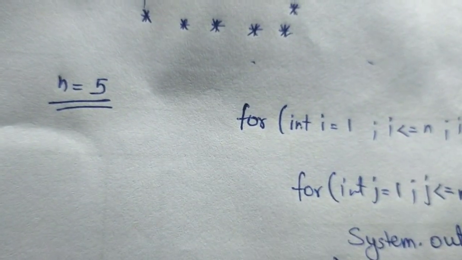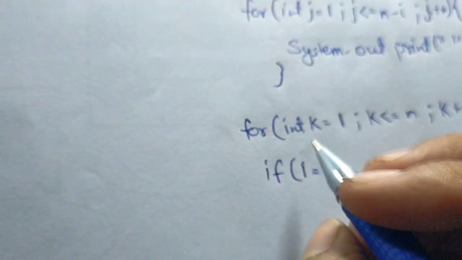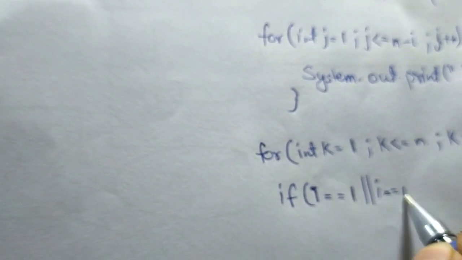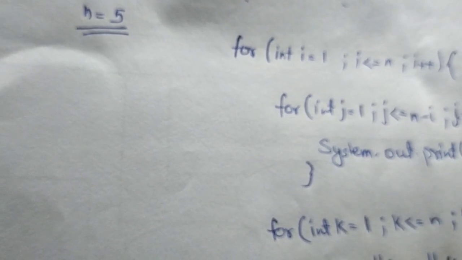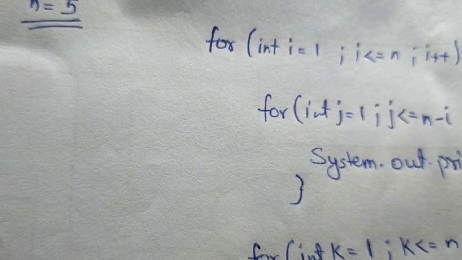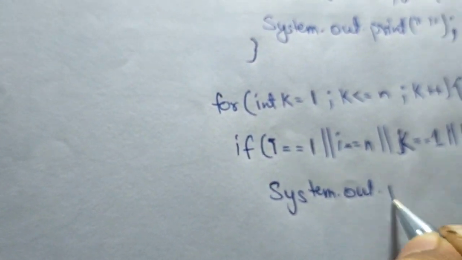So what is our logic? If i equals 1, or i equals n, or k equals 1, or k equals n, and if it is true, then it will print with System.out.print.